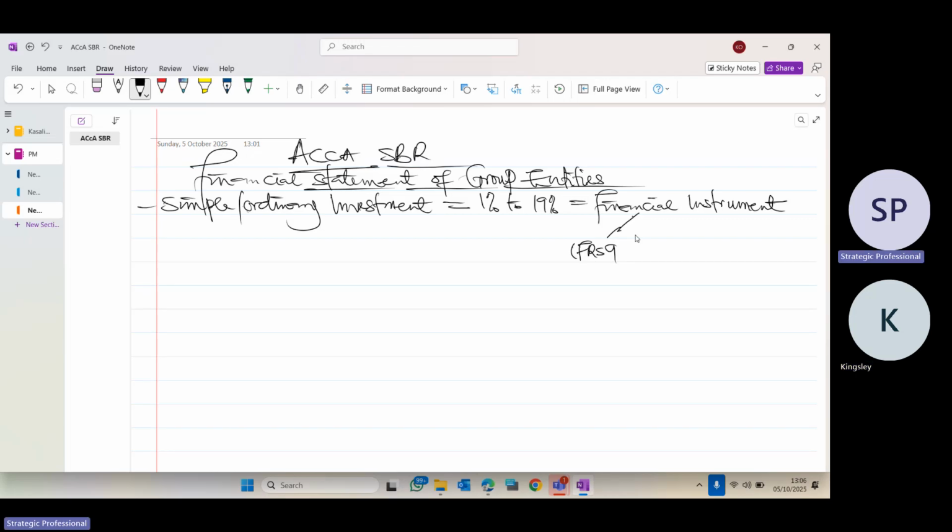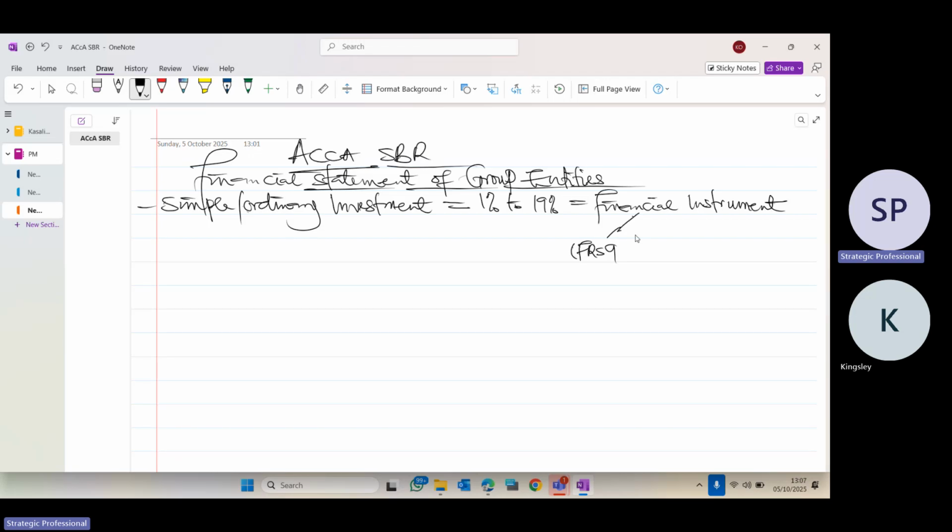Okay, that is fine. When we talk of financial instruments, there are many standards, one of which is IFRS 9. And IFRS 9 is financial instruments recognition and measurement.